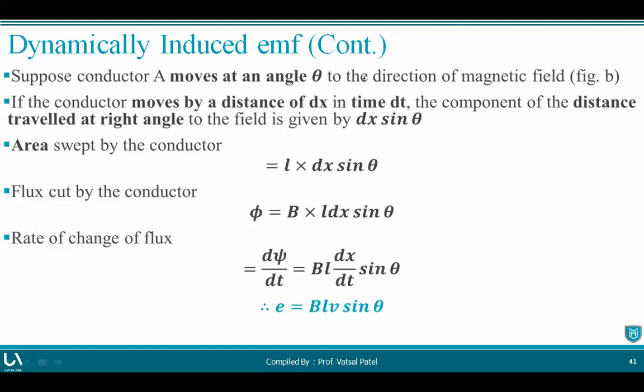So that component of the conductor we identify in terms of dx sin theta. As you see, the distance travelled at a right angle is the dx component, and on the right angle side, the sin theta component will be there.